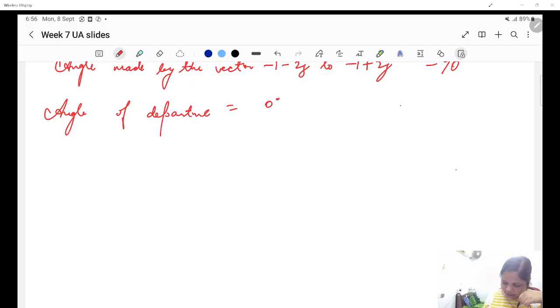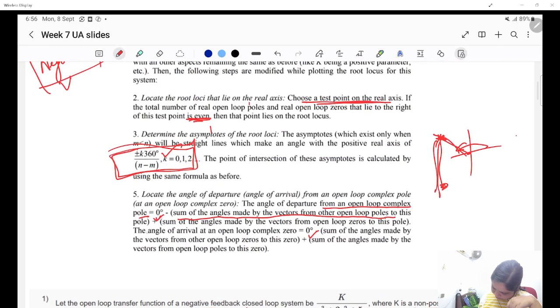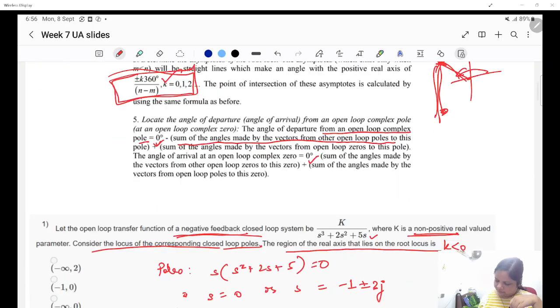It is given by 0 degree minus the sum of the angles made by open loop poles, (90° plus 26.56 degrees). So, okay, 0 degree minus this plus this.